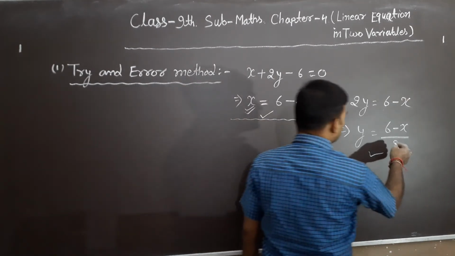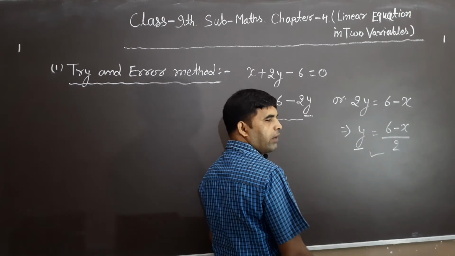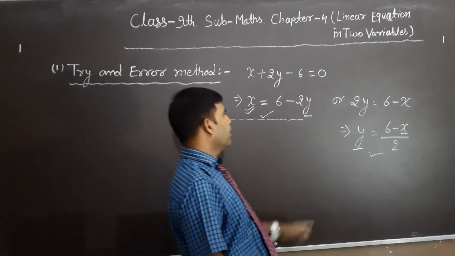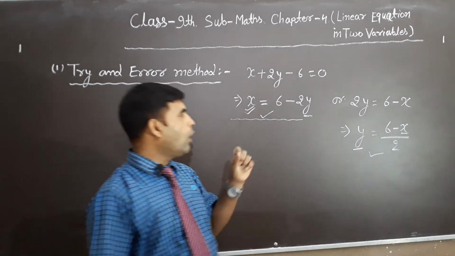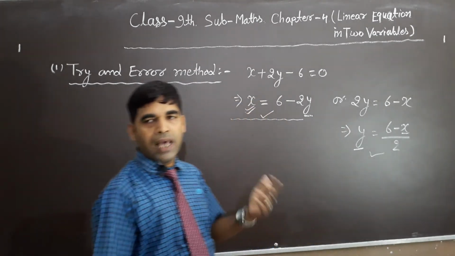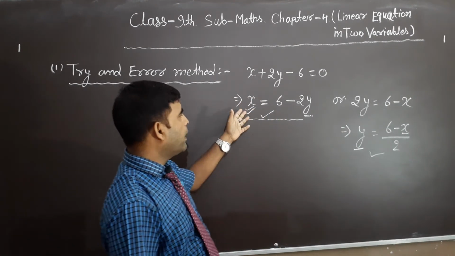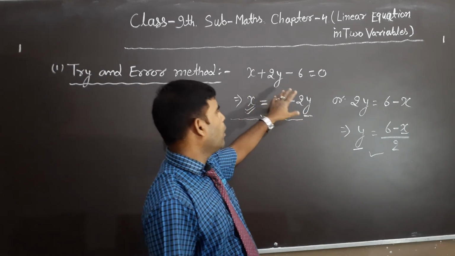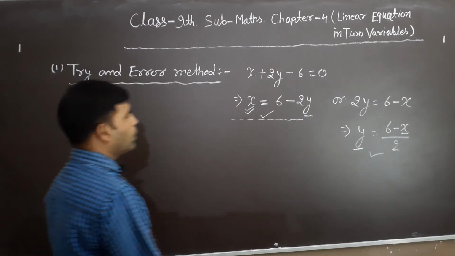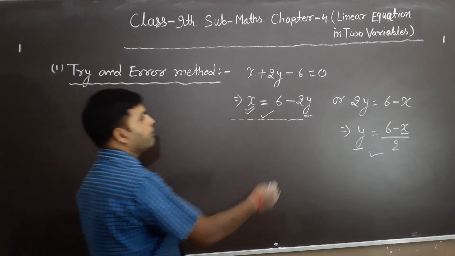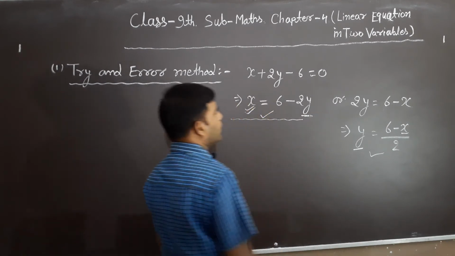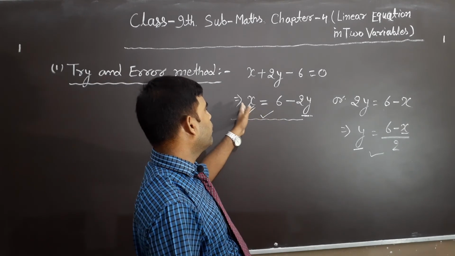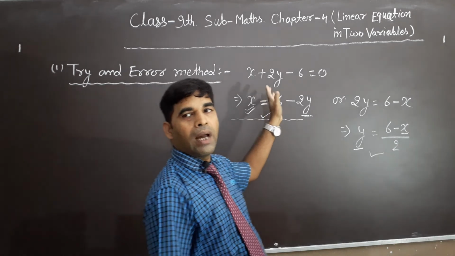In the other case, y is the dependent variable and x is the free variable. Free variable means we choose its value ourselves, and the dependent variable's value depends on the value of the other variable. So now we substitute values for the free variable, only integers, such that the other variable is also an integer.